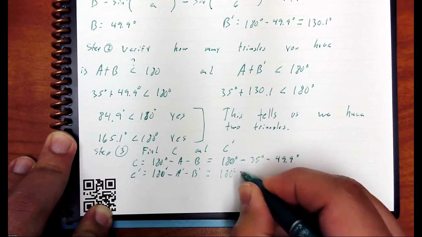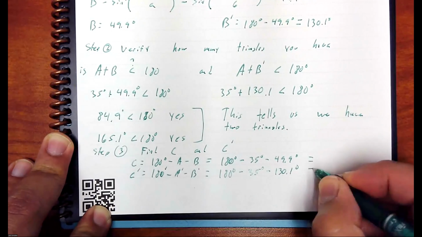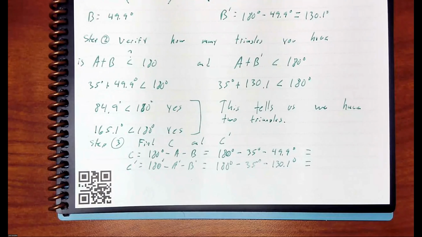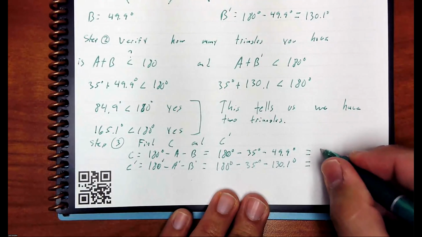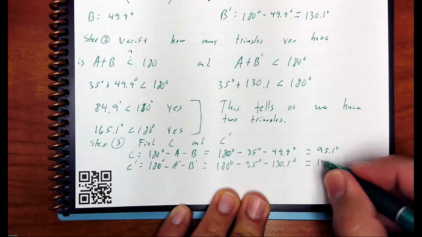That'll be 180 minus 35 minus 130.1. So you can find both right away. So this will be 95.1. This will be 14.9.